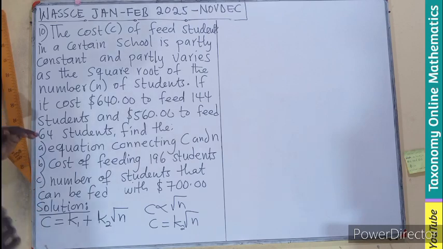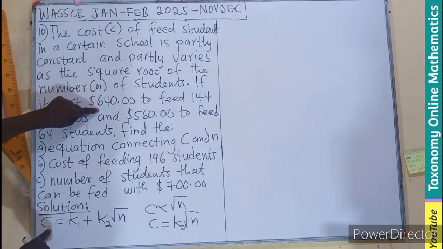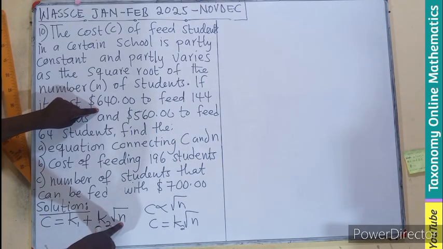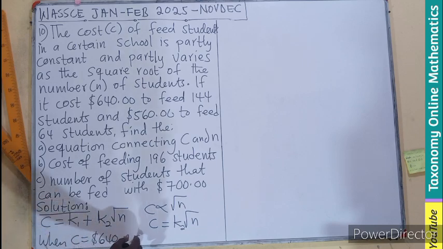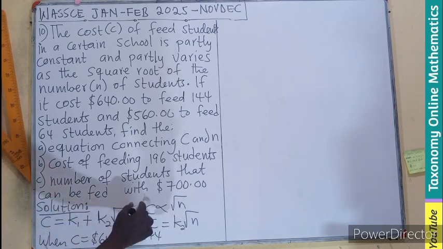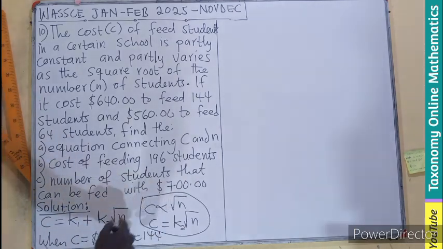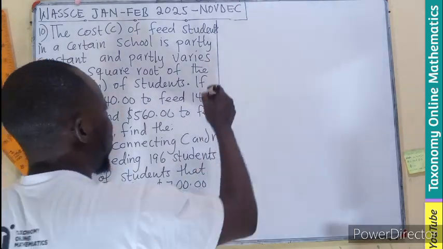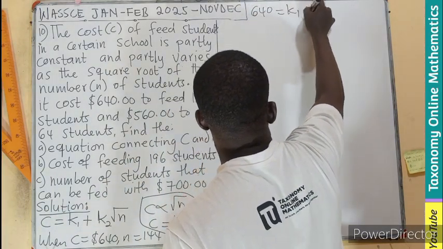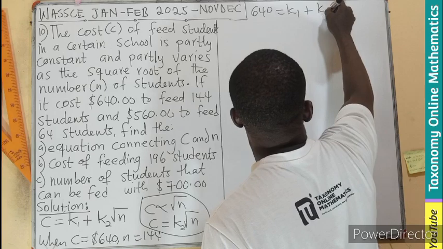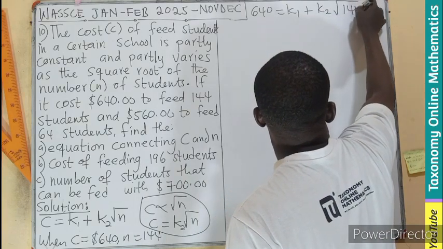Now, from here, we have been told that when the cost, which is the C, is 640, then N is 144. So let's do substitution. 640 equals K1 plus K2 root 144.